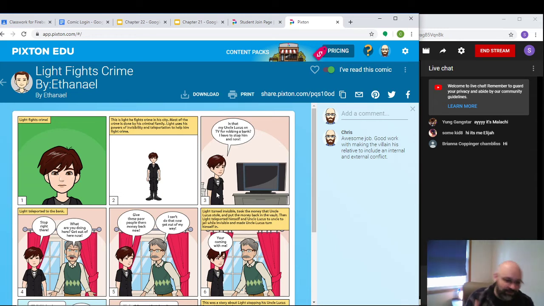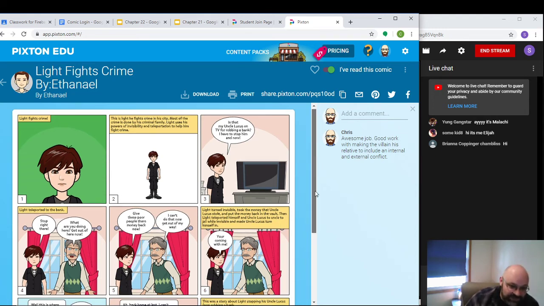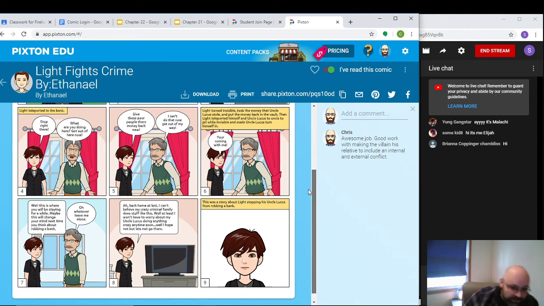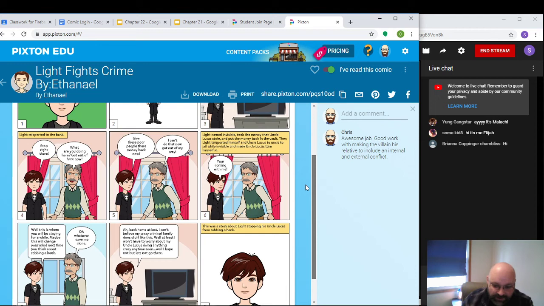So you get a nice little internal-external conflict, where the robbery is your external conflict, so him against his uncle, and then the internal conflict is that he cares about the person who committed the crime, so there's a struggle within himself about wanting to stop his uncle and trying to convince him to give it back. When that eventually fails, he ends up, I believe, teleporting him to the police station, and while turning invisible, forcing him to admit to what he did. So you have a whole little story here.